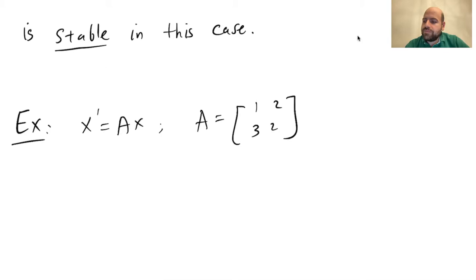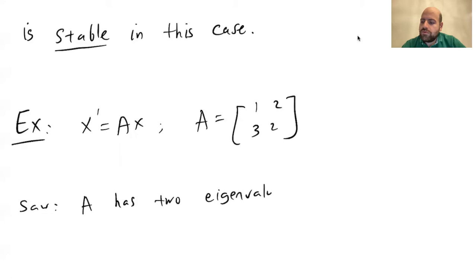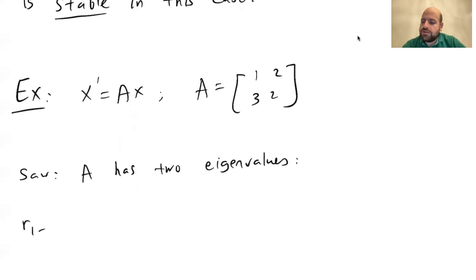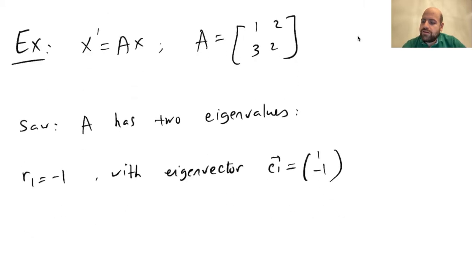We saw A has two eigenvalues: R1 equals -1 with eigenvector C1 equals (1, -1), and R2 equals 4 with eigenvector C2 equals (2, 3).